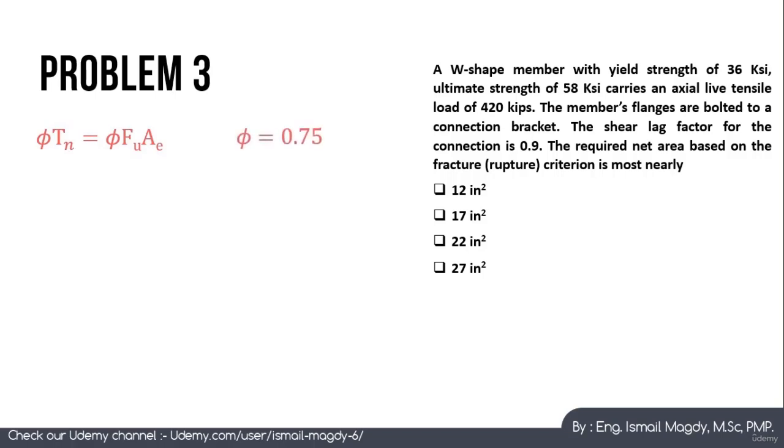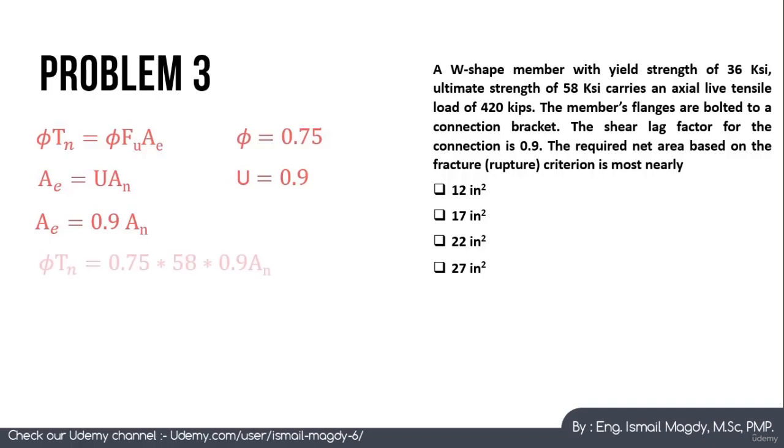We know that phi equals 0.75 for the fracture failure, and at the same time we know that the effective area equals U multiplied by the net area, where U is the shear lag factor, and we know that the shear lag factor equals 0.9, which is given here in this problem. So this means that the effective area equals 0.9 A net.